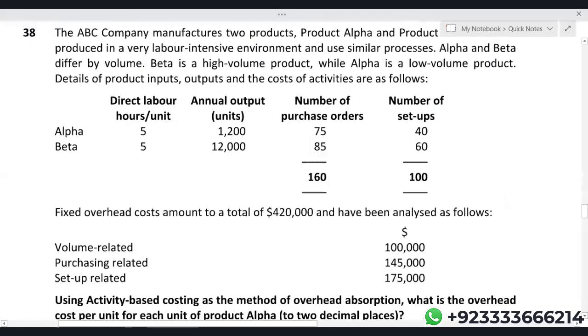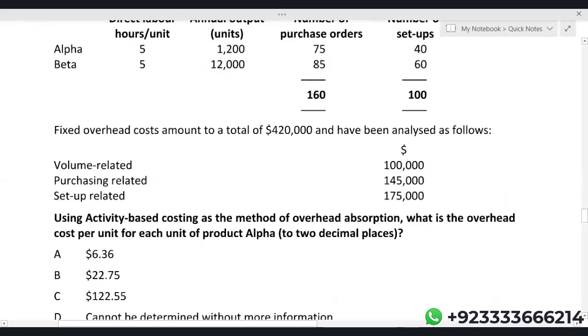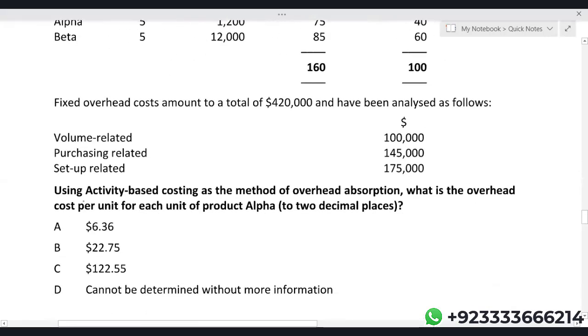Now let's go ahead. Now what they are saying. Using activity-based costing as the method of overhead absorption, what is the overhead cost per unit for each unit of product alpha? Now what they are asking, using ABC costing as the method of overhead.